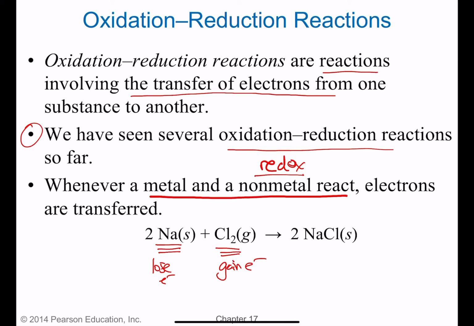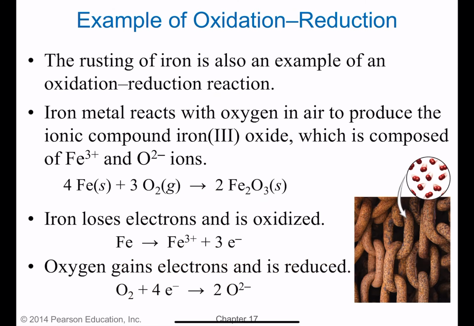And this is exactly what happens. The sodium gives electrons over to the chlorine, and then we end up making sodium chloride, which, recall, is made up of sodium positive ion and chlorine negative ion. So the chlorine has gained an electron, and the sodium has lost an electron. So again, this is an example of a redox reaction. They're actually very, very common.